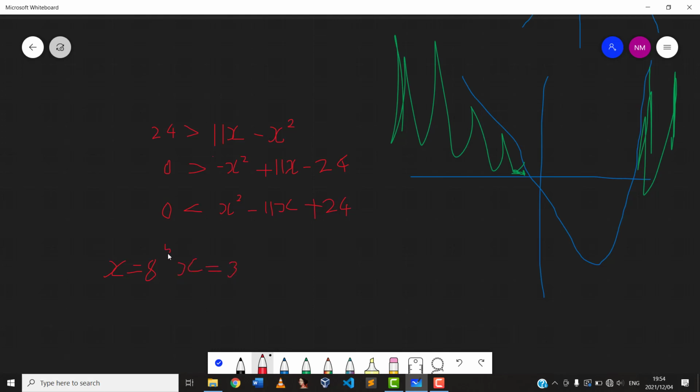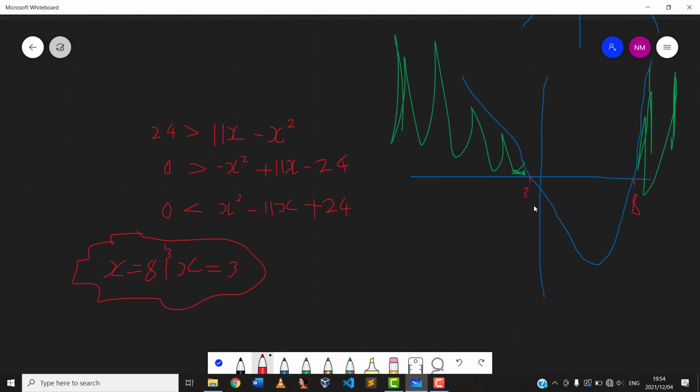So those are our two roots. Okay, well, I clearly drew this wrong. But yeah, so this would be a 3, and this would be an 8.